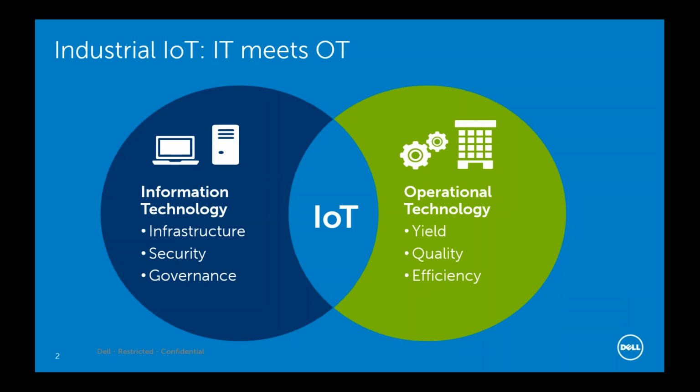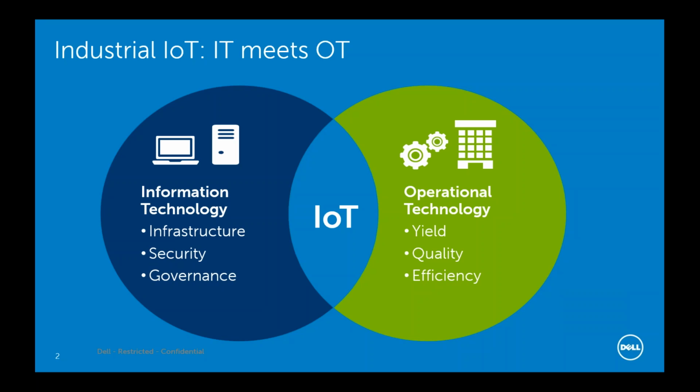And traditionally, a lot of people see Dell on the information technology side of this Venn diagram, with our servers and more focus on security and manageability. But the fact of the matter is Dell has actually been in operational technology for about 15 years now with our OEM division. We have about 4,000 different accounts that we sell operation technology solutions into.